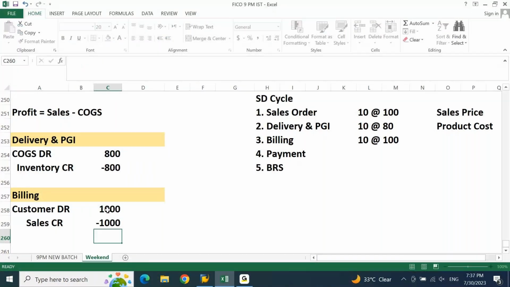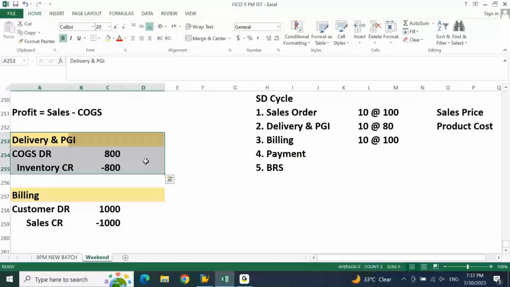If I look at my delivery entry, I only come to know what is my delivery cost. In short, the value of the product which I have delivered or the service which I have rendered, you will come to know during PGI or delivery.